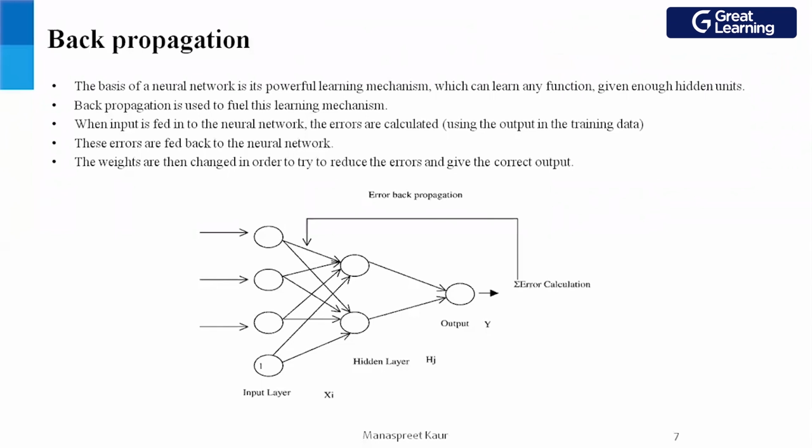At the output layer, the error calculation happens, which is nothing but the difference between the actual value and the calculated value. Whatever is the error calculation is back propagated, and then the weights are modified. This happens each time the algorithm runs, and that's how the weights are improved, and that's how the algorithm learns.